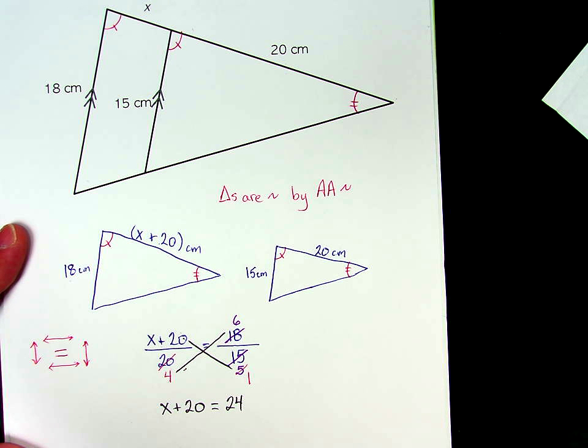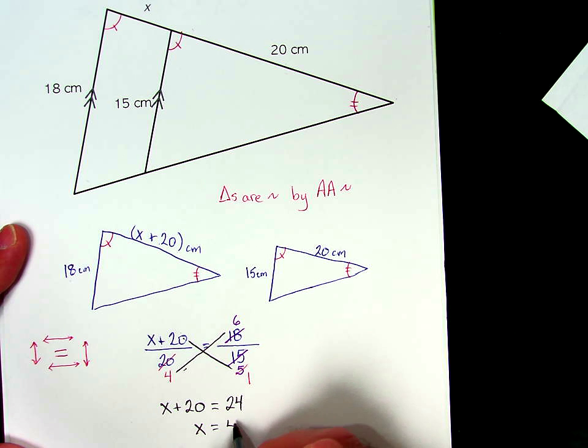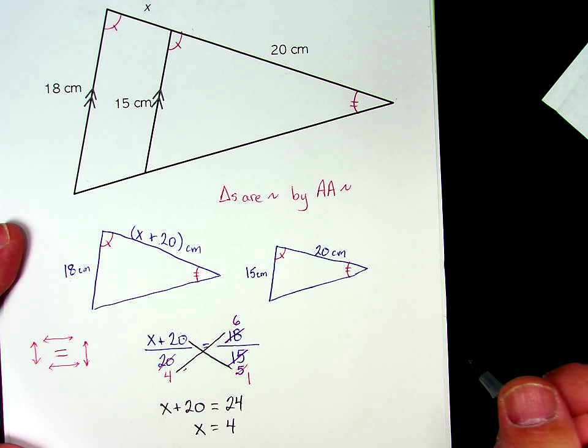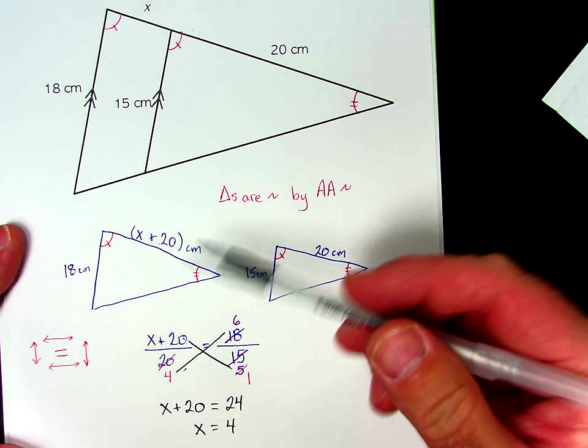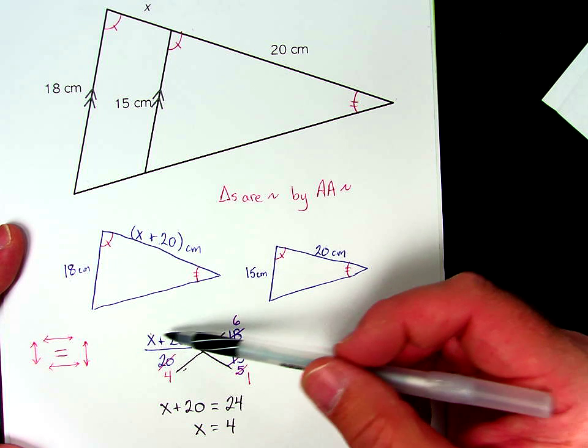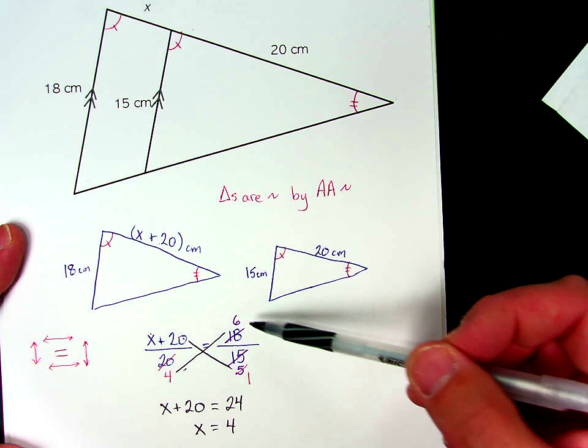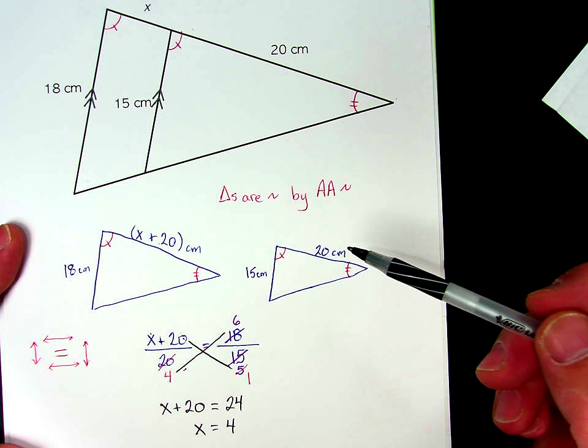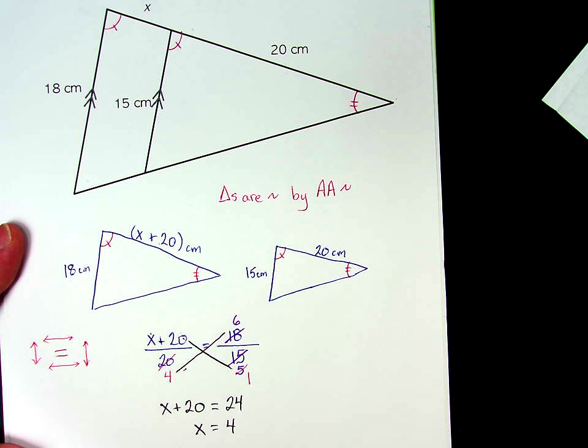So now when we subtract 20 from each side, x is equal to 4. If I just check that, if I put 4 in for x, I'd have 24 twentieths. Is 24 twentieths the same thing as 18 fifteenths? Yes, they both reduce to be 6 fifths.